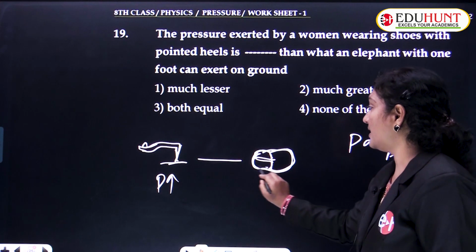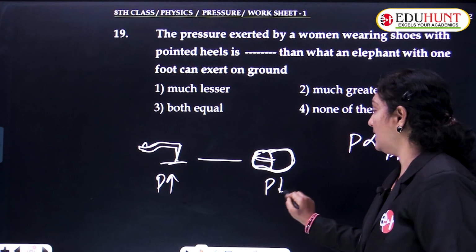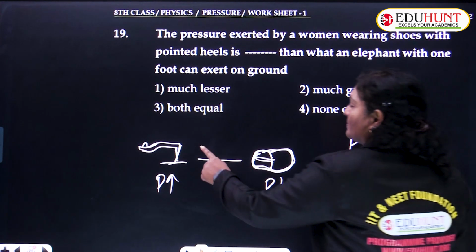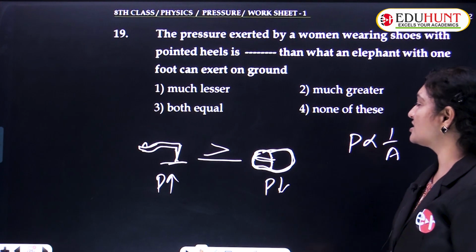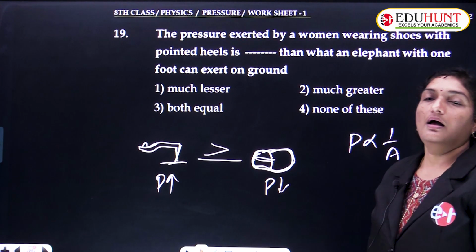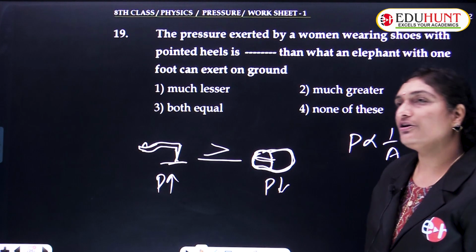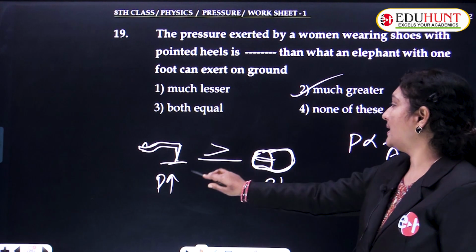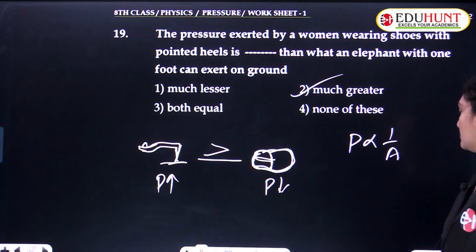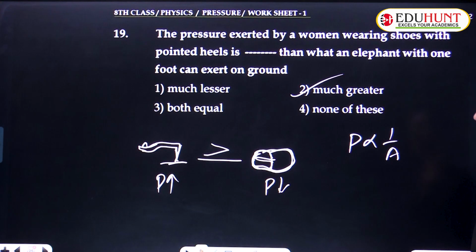Large surface area in contact, the pressure will be lesser. So the pressure exerted by the woman on the ground will be much greater as compared to the pressure exerted by the foot of an elephant on the ground. So the correct option is much greater as compared to the foot of the elephant. So second option must be true.